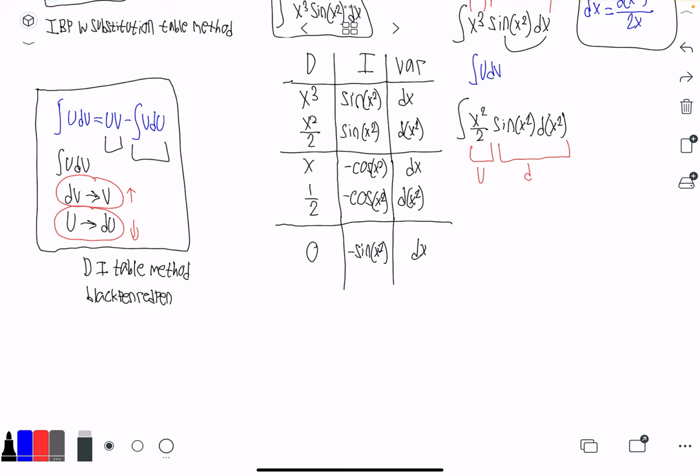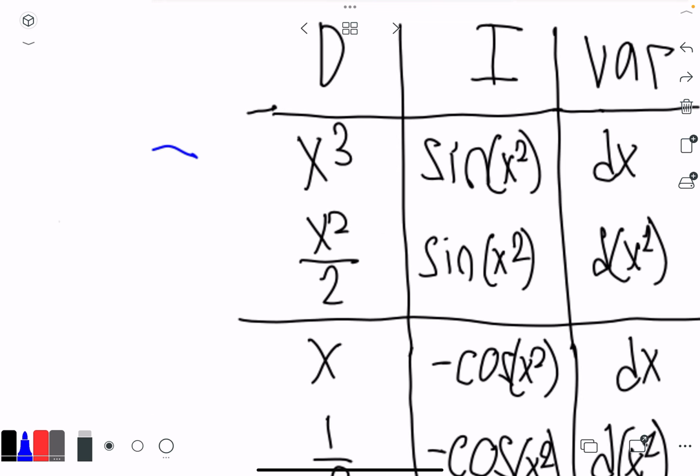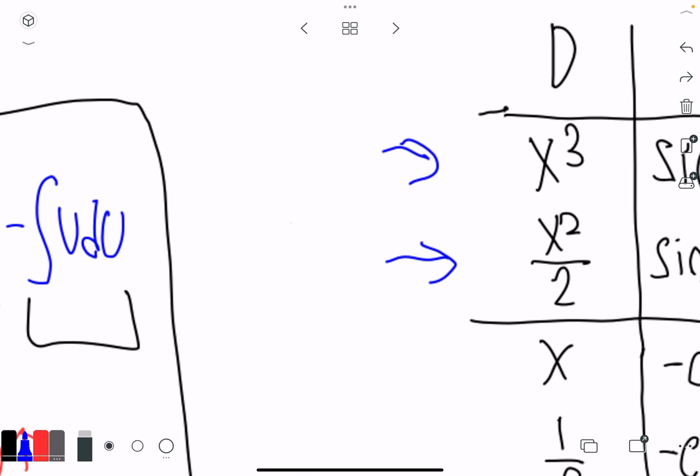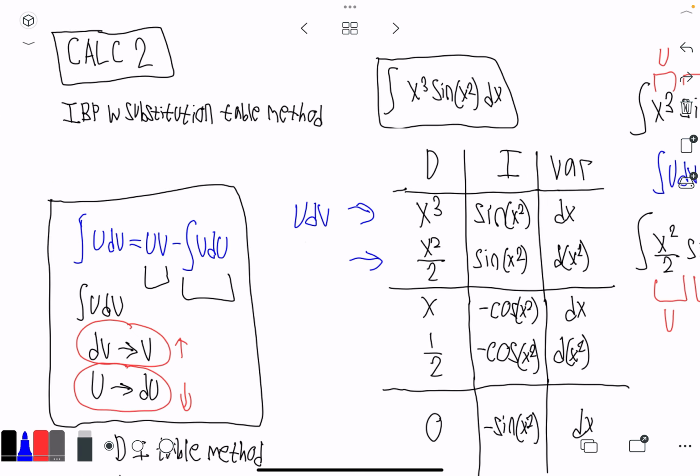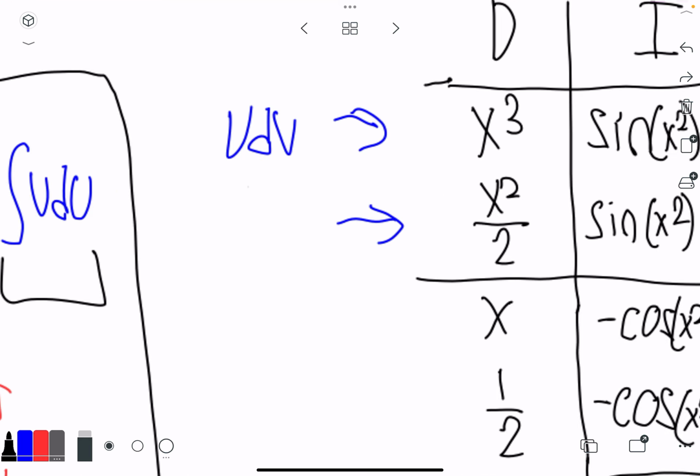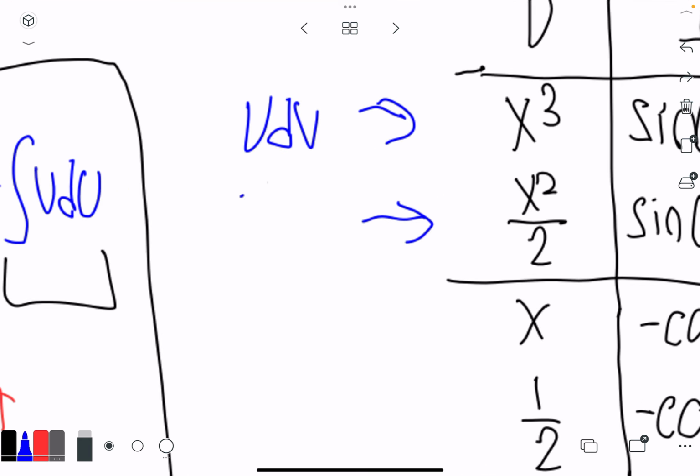Now, I can just tell you how you can get the answer, but I think it's better for me to explain this, as it will give you an idea why this thing actually works. So if you look at this equation here and this equation here, you can think of it as u dv, right? Which is this initial problem here. And I just rewrite it into another form of u dv.